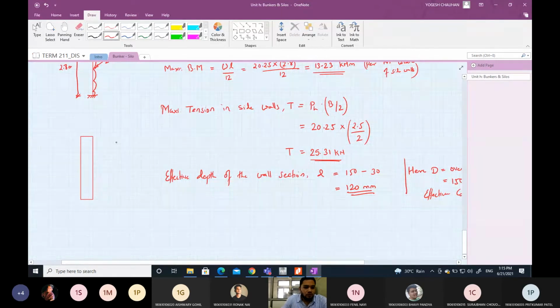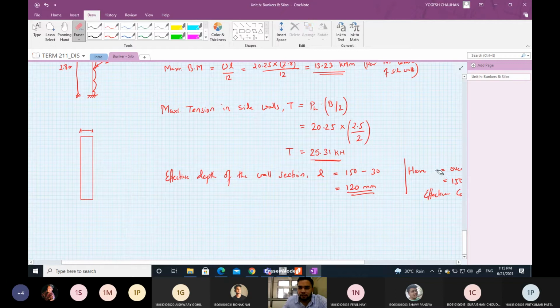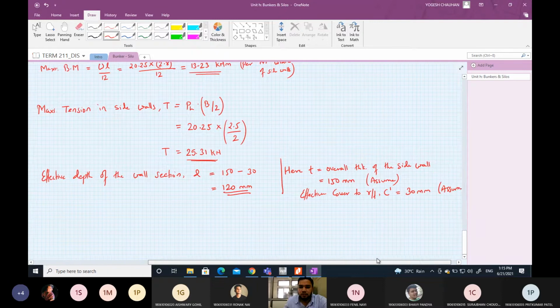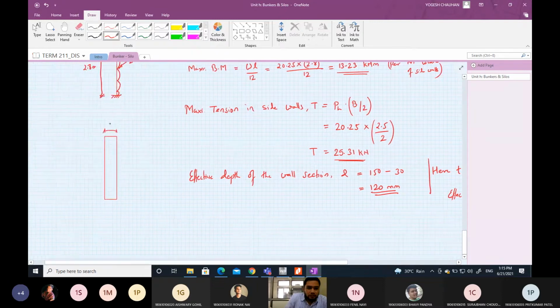Now if the thickness of the side wall is small t, or here let us say we have taken this as D, so let us say this is small t. Small t is the overall thickness of the side wall, equal to 150 mm.